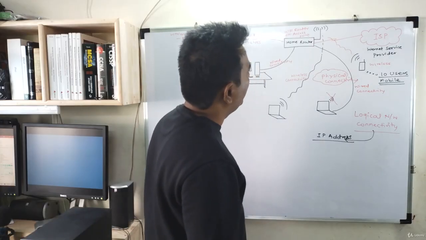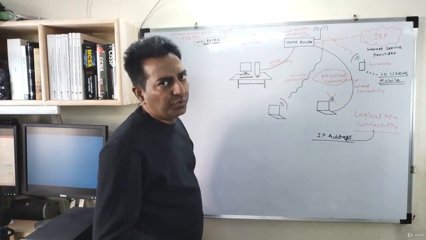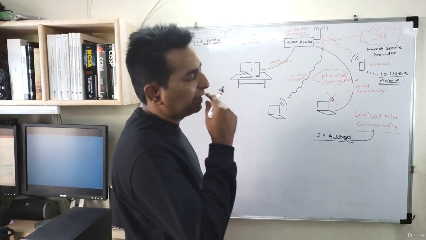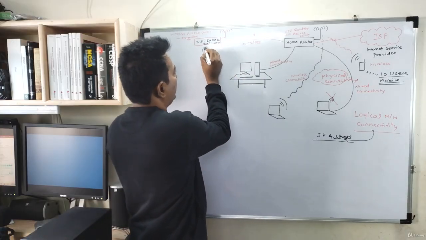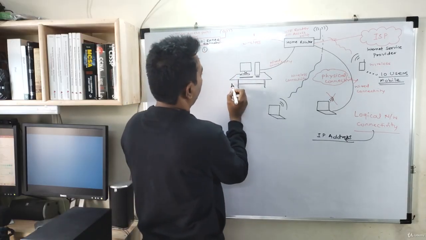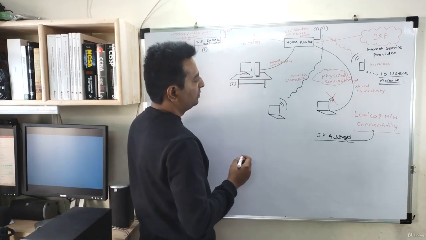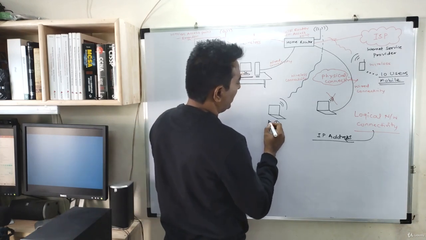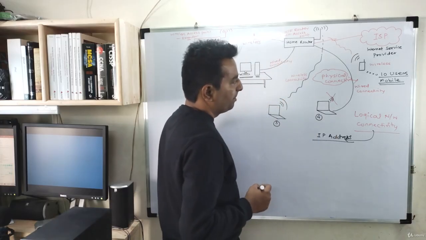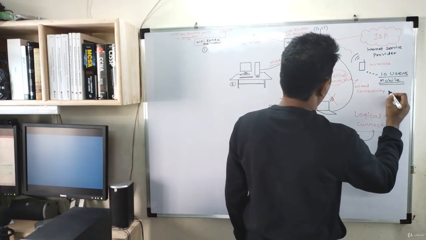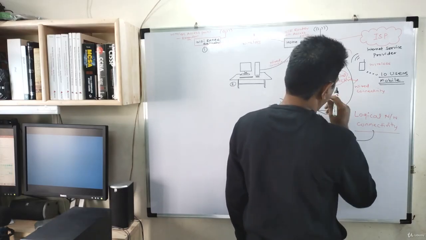If you look at the total number of users now accessing the internet at home, this is the range extender number 1, this is your desktop number 2, laptop 1 number 3, laptop number 4, then there are 10 mobile users.